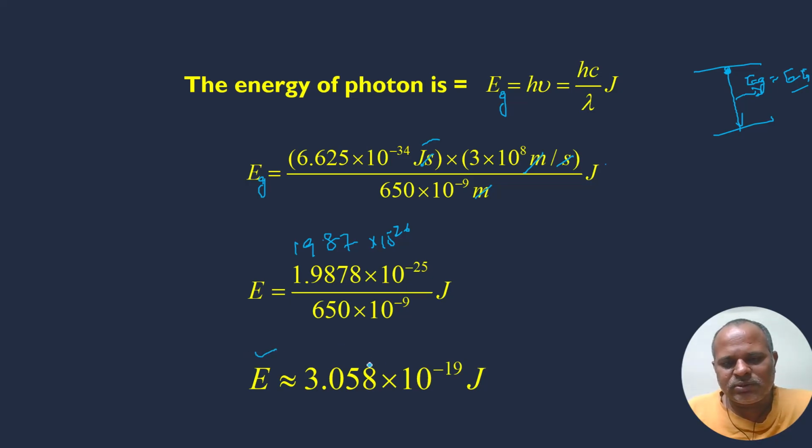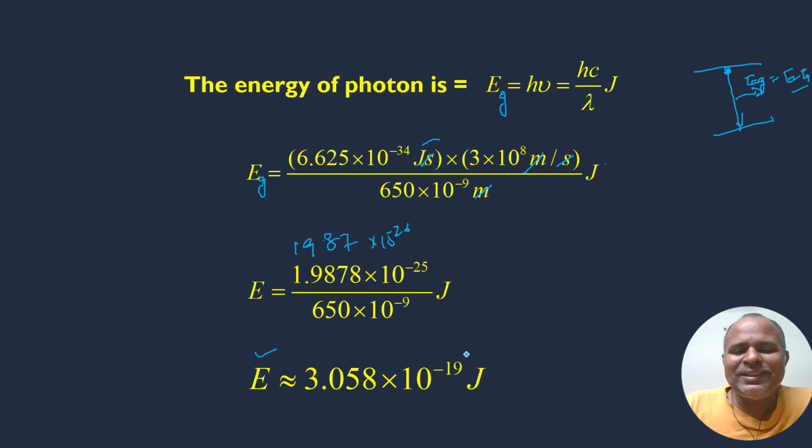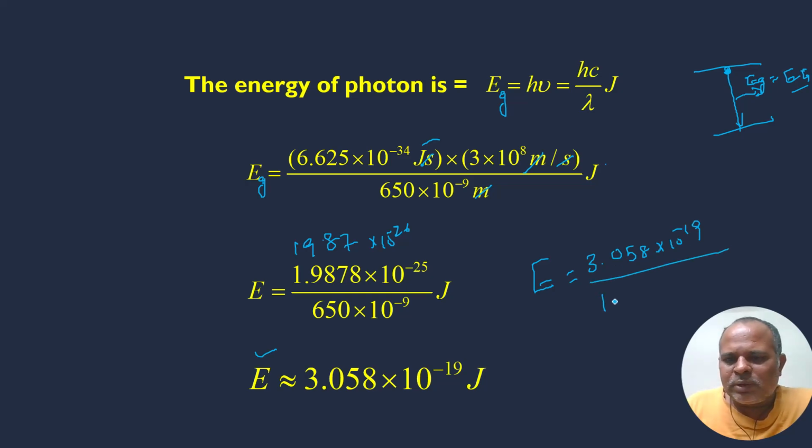If you want to convert this into electron volts, you need to divide this by 1.6 into 10 power minus 19. That will give you the electron volts answer. This is the energy of the photon in joules. But if you want to write this in electron volts, E is equal to 3.058 into 10 power minus 19 by 1.6 into 10 power minus 19.